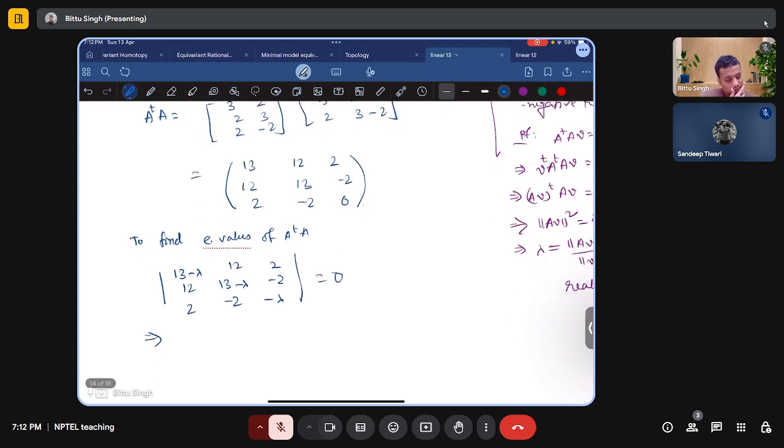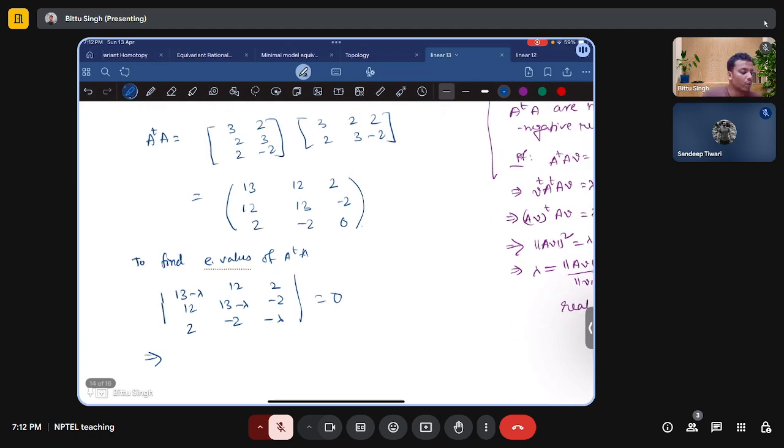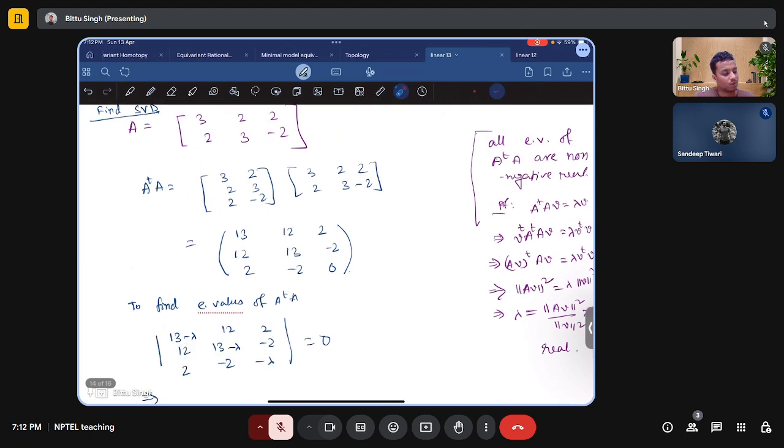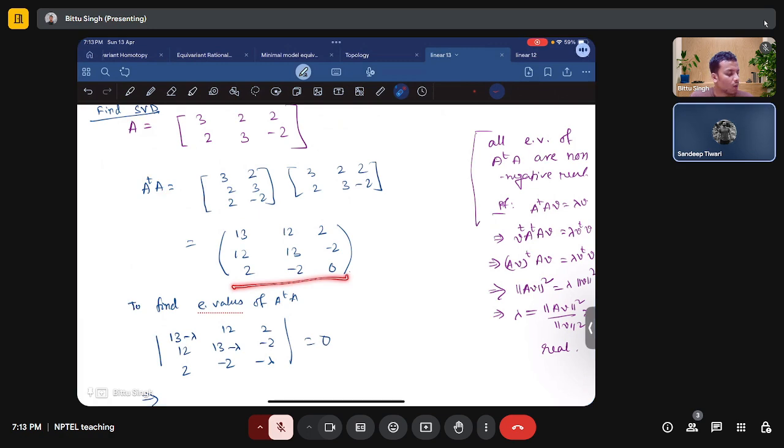You can also see that 0 will be an eigenvalue, because A is a 3 by 2 matrix, so the rank of A is always less than or equal to 2. Therefore the rank of A transpose A is also less than or equal to 2, since rank of AB is at most the rank of A and rank of B.